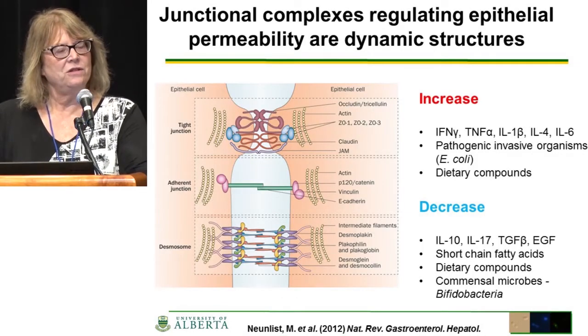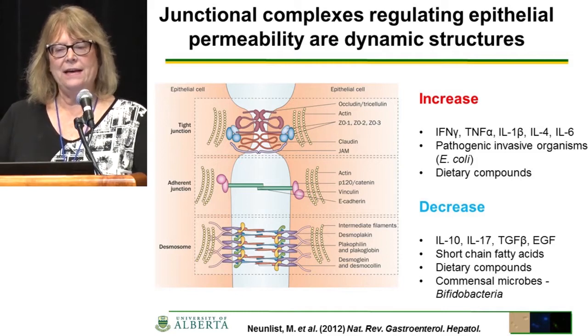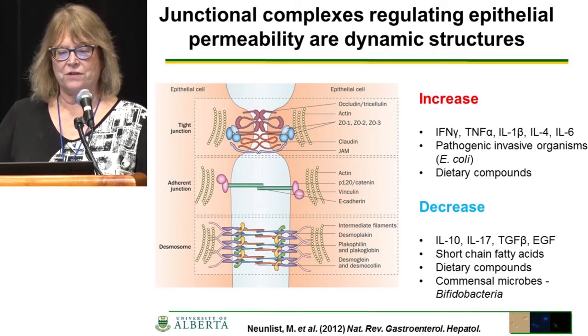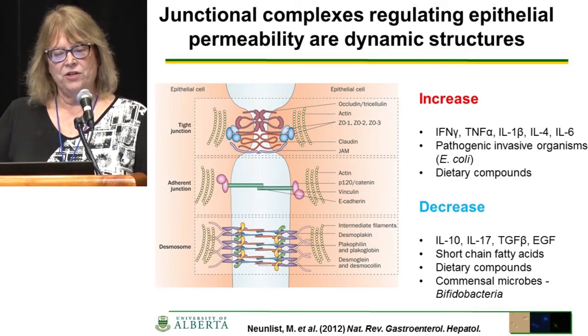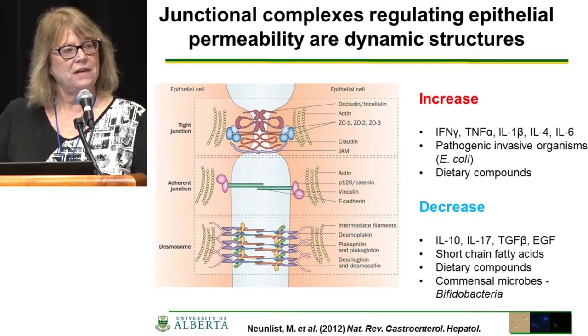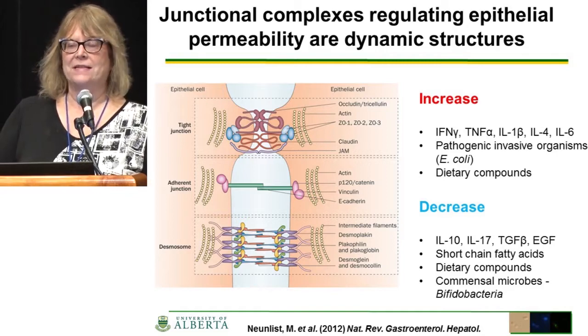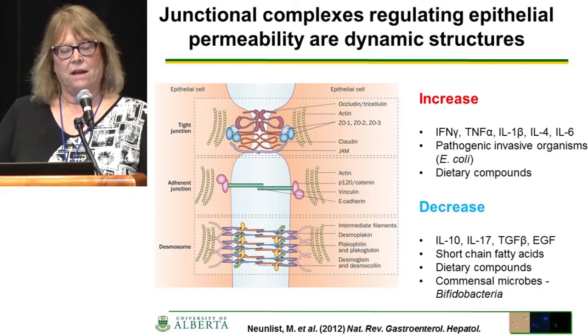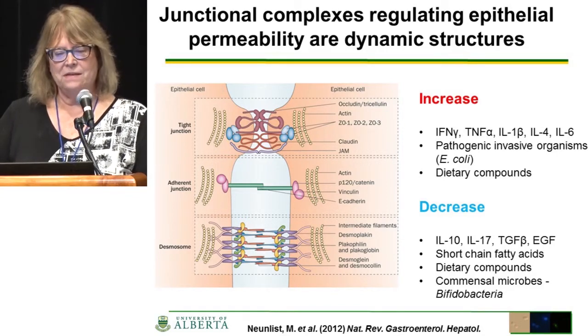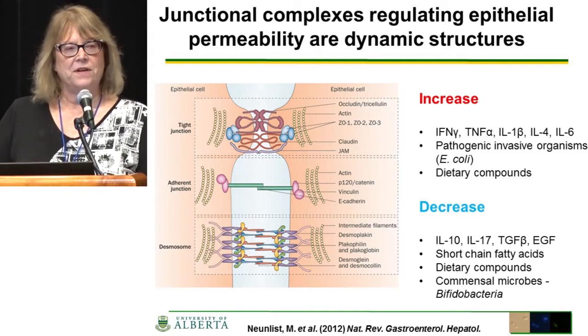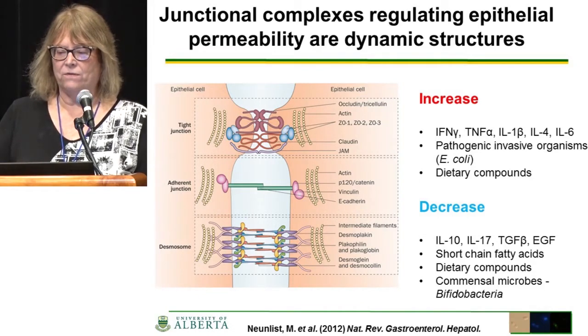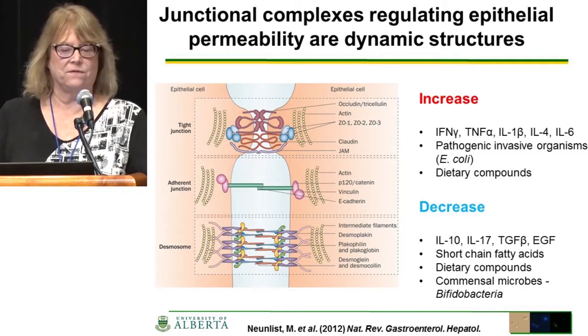And if you look at the junctional complexes, these are highly, highly dynamic structures. The tight junctions, the adherent junctions, and the desmosomes are regulated on a second-to-second basis. A lot of things can increase permeability, things like interferon, TNF, IL-1 beta, IL-4, IL-6, pathogenic invasive organisms.